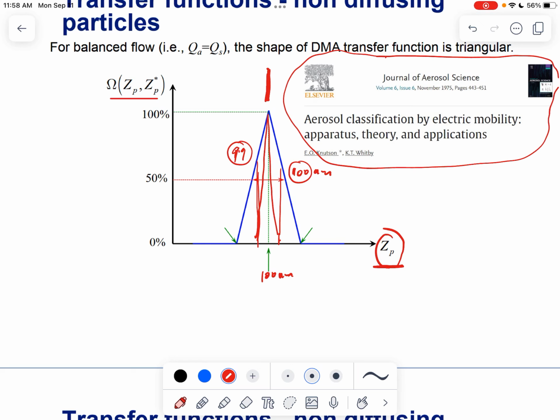So basically, the width of this transfer function is going to determine how accurate our DMA is in collecting particles of different sizes. Because of that, people define this width term as the full width at half maximum.